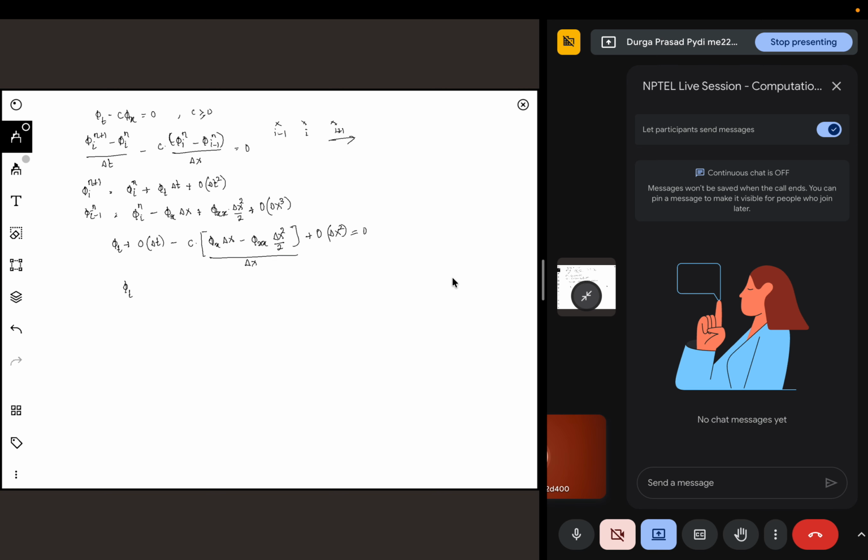So we have phi_t minus c times phi_x, which is my original equation, but in addition to that, I have an additional term, which is c times delta x squared by 2 phi_xx plus my higher order terms. If you look at this equation, it is very similar to, let's say, our Navier-Stokes equation: instead of phi we'll have del u del t, instead of c we'll have u del x, plus this term, which you can consider as nu times del squared u del x squared.